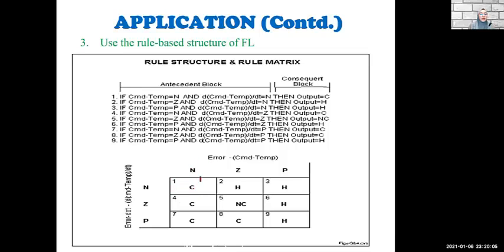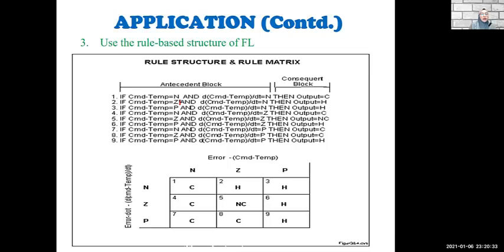the output is cool. So the second rule is, if CMD minus temperature is Z, that means no change, and CMD minus temperature divided by DT is N, then the output is H. So what does it mean? That the command and the environment temperature are the same.